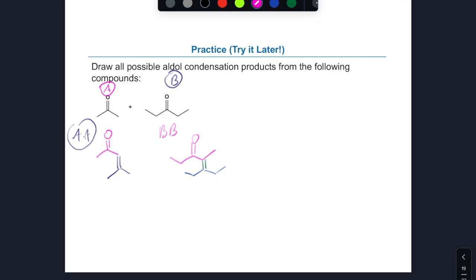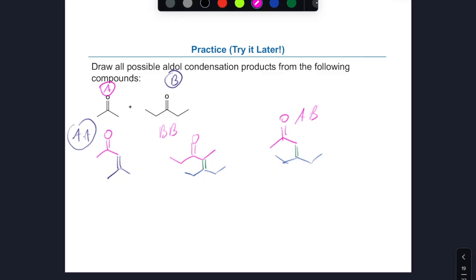Now we have the two possible cross products. Let's say A was the nucleophile and B is our electrophile. We get something like this, and this is our AB.